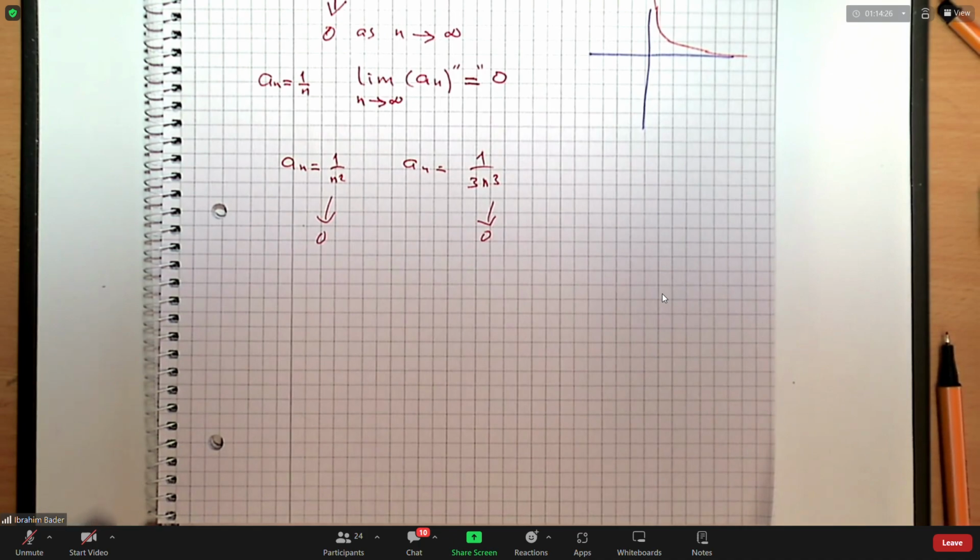Now, after the break, we will look at some properties of these limits. And notice that in this course, we are talking only about limits at infinity. Next course, we will talk about limits approaching any number, because here we are only using the limits to examine the behavior of sequences at infinity.